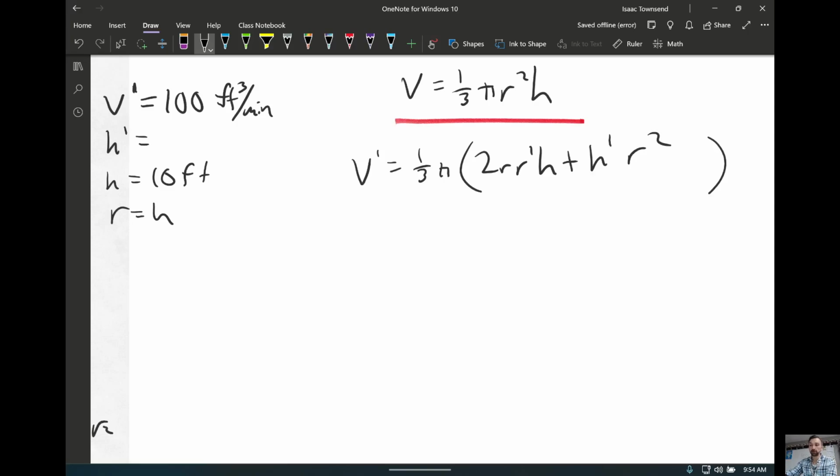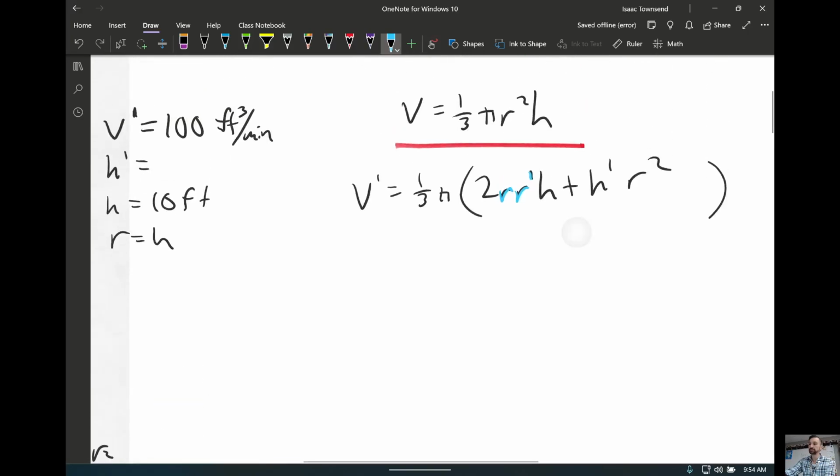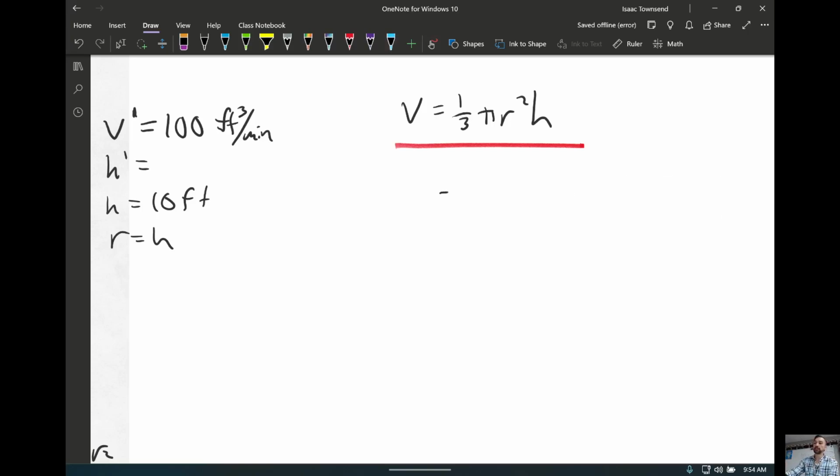Alright, the problem with this is I don't know, and I'm never going to be able to figure out how big r is, nor am I going to be able to figure out what r prime is. And if I don't know those, I'm never going to figure out how big h prime is. So again, just like on our circuit, this is very common for cone questions only.